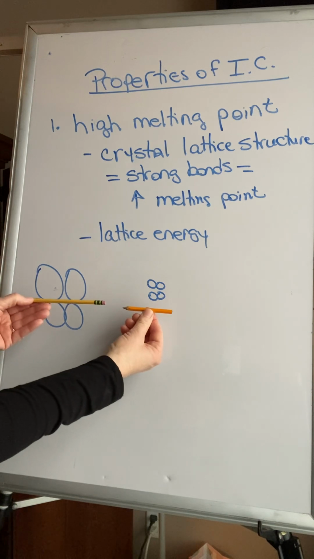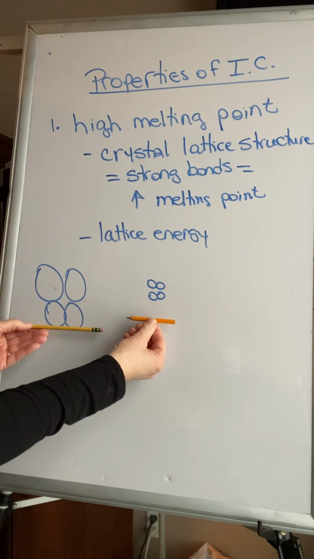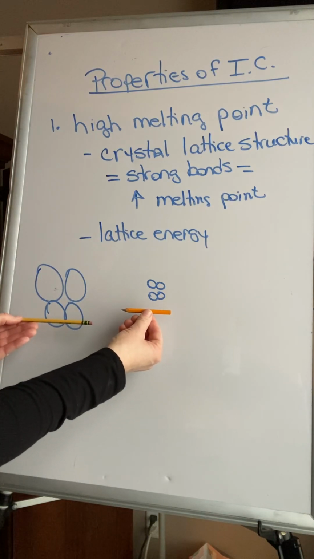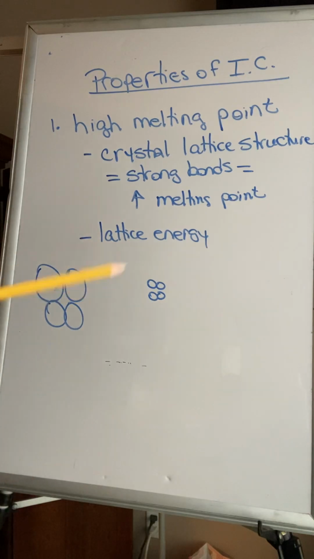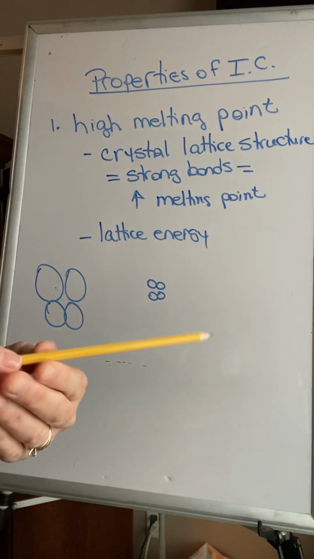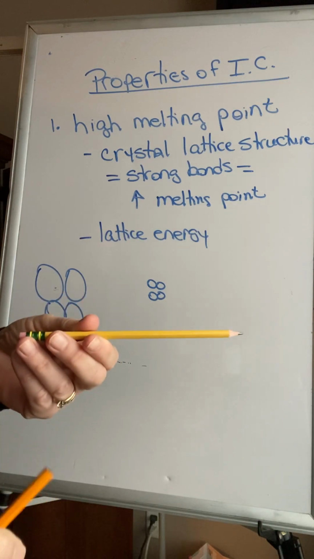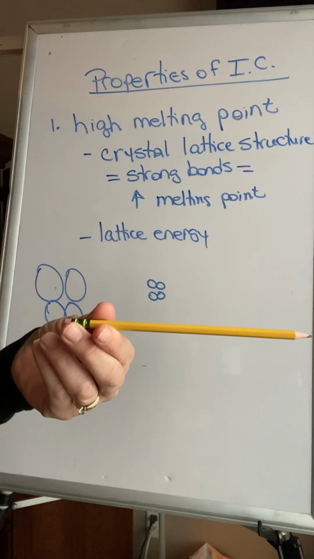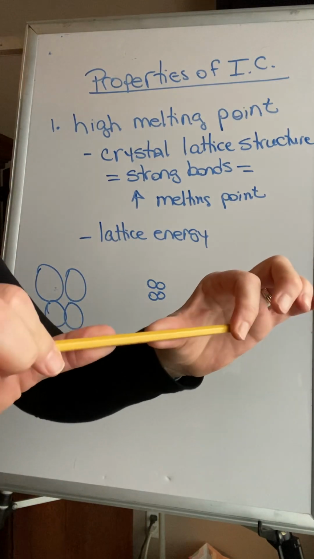Okay, so again, we're picturing these as the length of a bond that's holding the sodium and the chlorine together, or two other metals and nonmetals. Okay, now think about if it's a strong bond, it's difficult to break. So it takes a lot of energy to break it if it's a small bond. I want you to think about the difference of being able to break this pencil. So if I hold this pencil, it's going to take some energy.